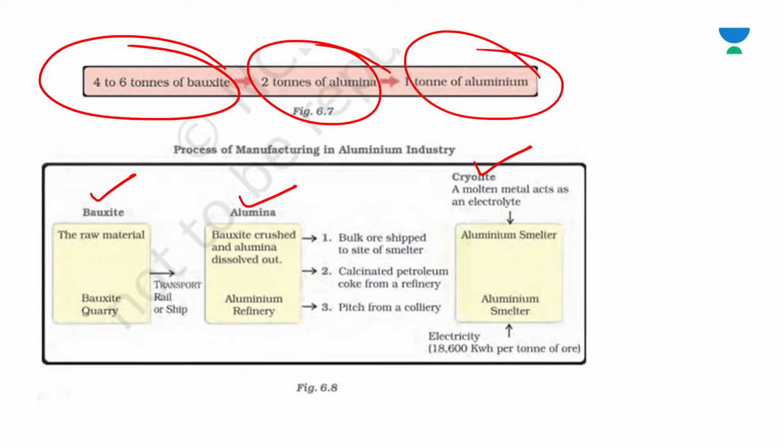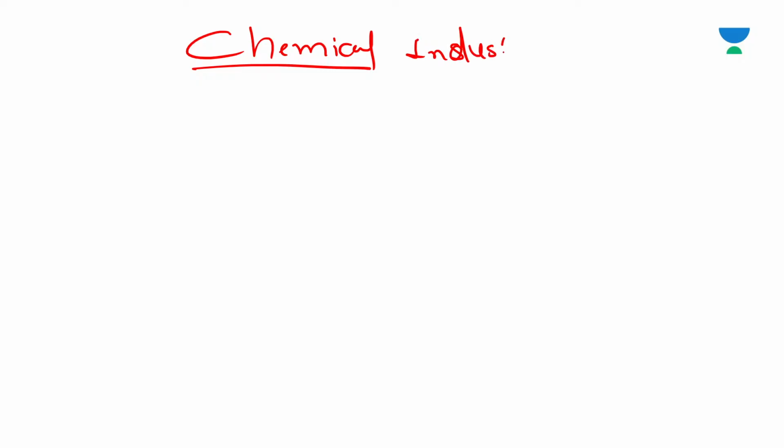The chemical industries, when we are talking, manufacturing units, rapid growth has been recorded in both inorganic and organic sectors.